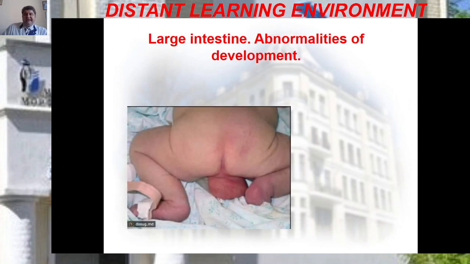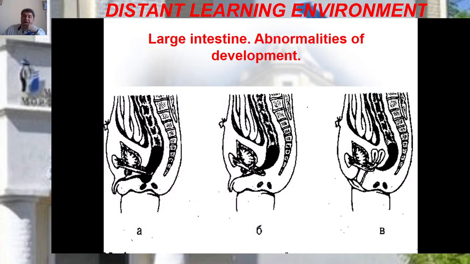On this picture you can see abnormalities of development. You may see atresia of the rectum, the absence of the lumen of the rectum. And on these pictures you can see atresia of the rectum, the absence of the anal lumen, but you may see in detail that the rectum has a stoma with urogenital organs.